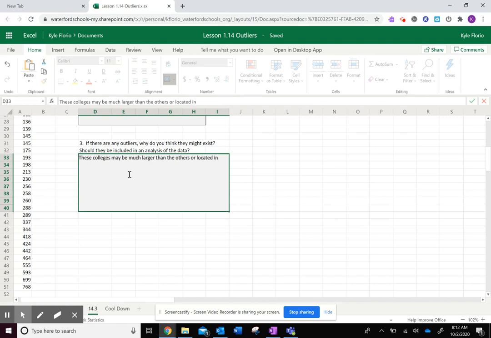Or located in areas that have more crime. So they should be included.